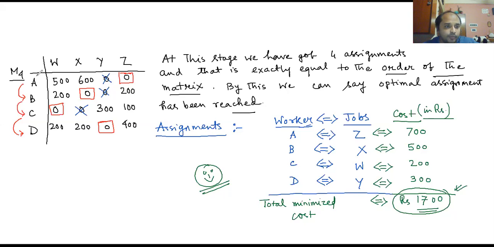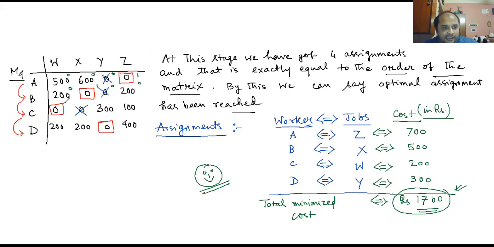When I am assigning a zero, a box, I am putting 1 there, and the other assignments are 0.